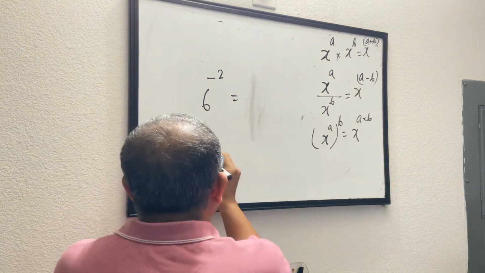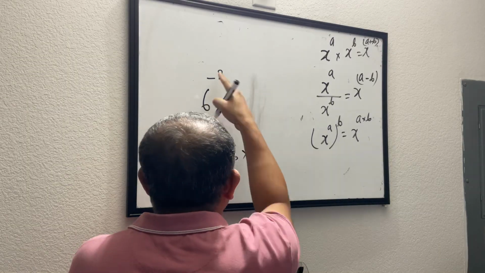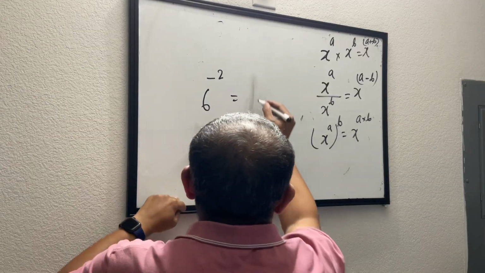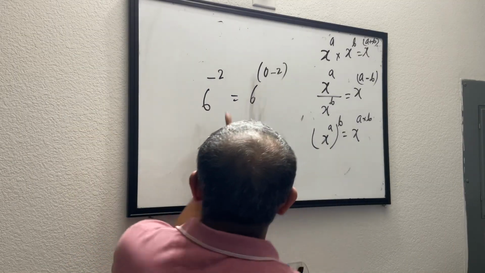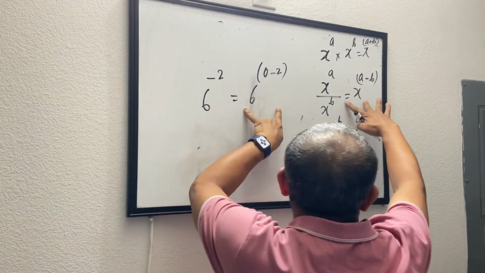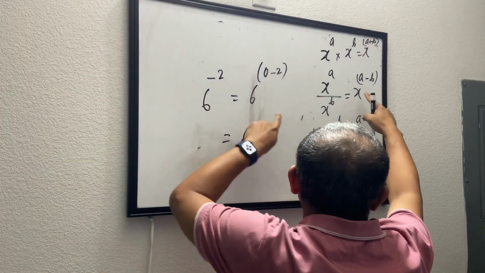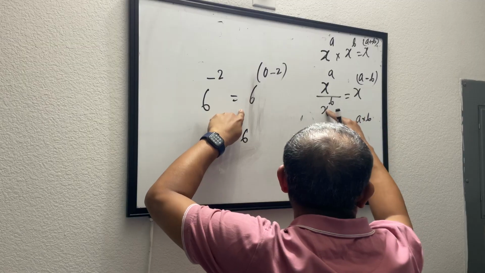If you know 6 to the power 2, you know it's 6 into 6. But what is 6 to the power minus 2? 6 to the power minus 2 would be something like 6 to the power 0 minus 2. That is how you get a minus 2. Related with this formula, something to the power a minus b means something to the power a divided by something to the power b.